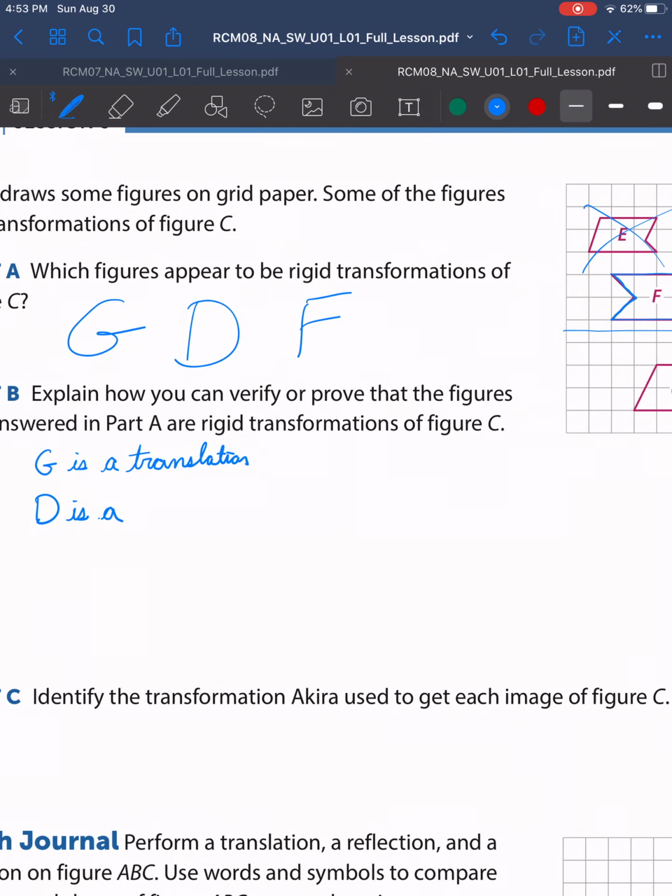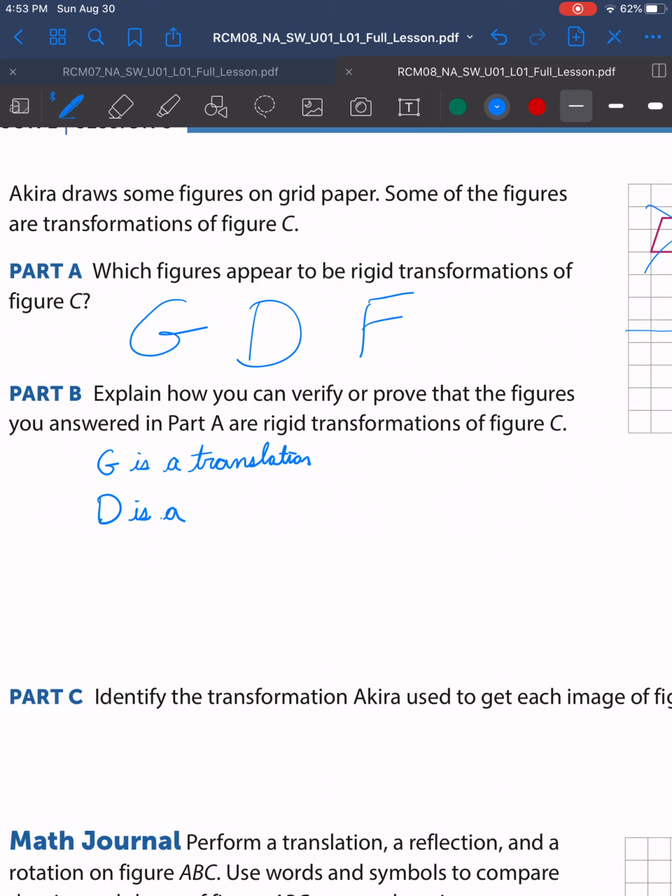D is a reflection because it flips. And F is a rotation. Okay, there we go. We explained them all.